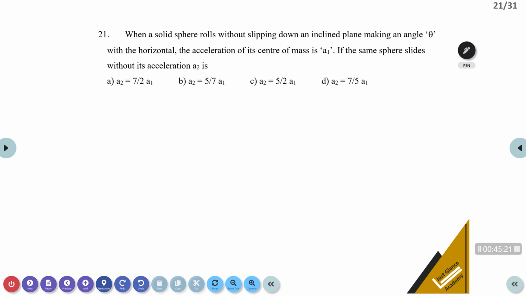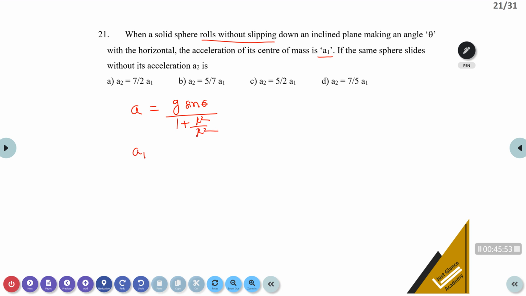When a solid sphere rolls without slipping down an inclined plane making an angle of theta with the horizontal, what is the acceleration? It is a1. Without slipping, we know the equation a equals g sine theta divided by 1 plus k square by R square.